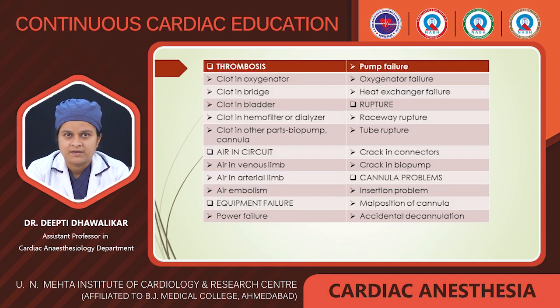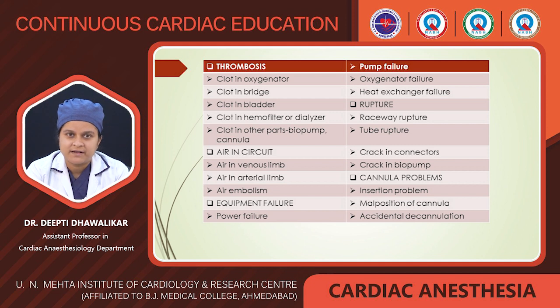Broadly in this table we can see all the mechanical complications which can happen. Most common is thrombosis. Clots may be in the oxygenator or in the bridge, bladder or hemofilter or dialyzer, or in other parts of the circuit like the biopump or cannula. Second most common complication is air in the circuit. Air can enter either in the venous limb or the arterial limb, which can give rise to air embolism.